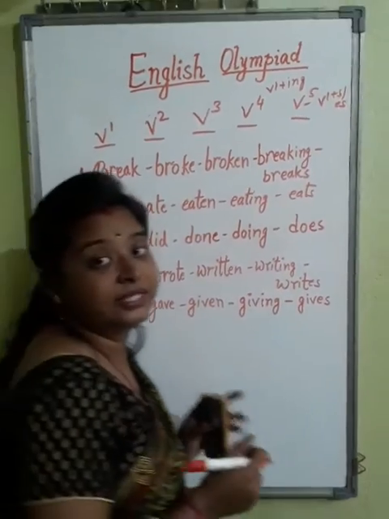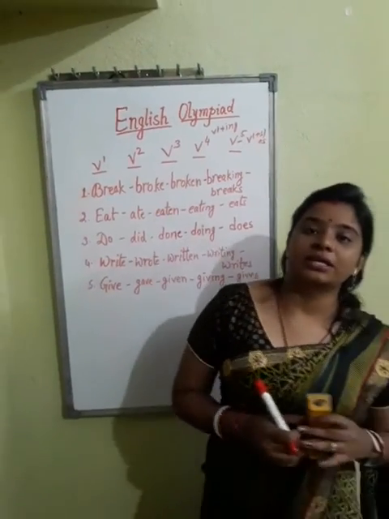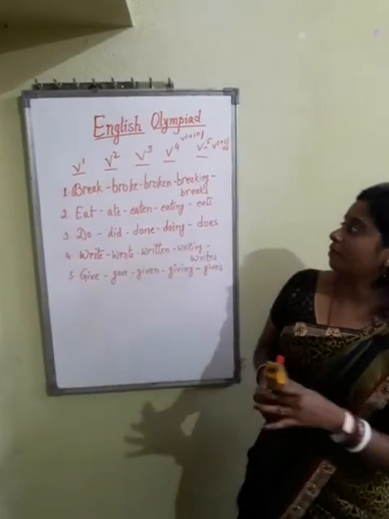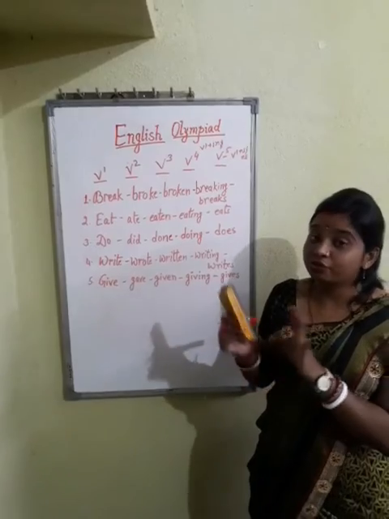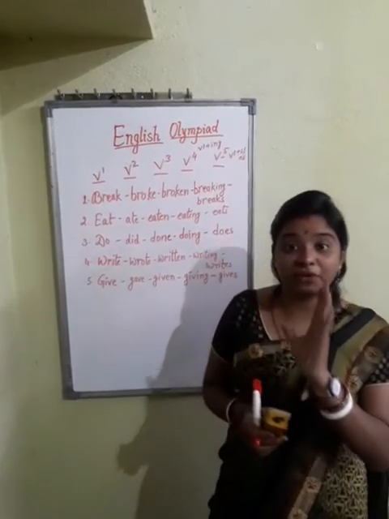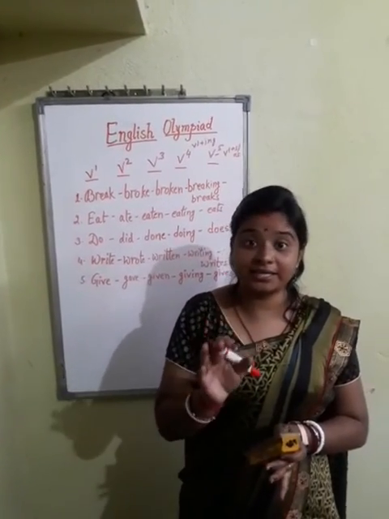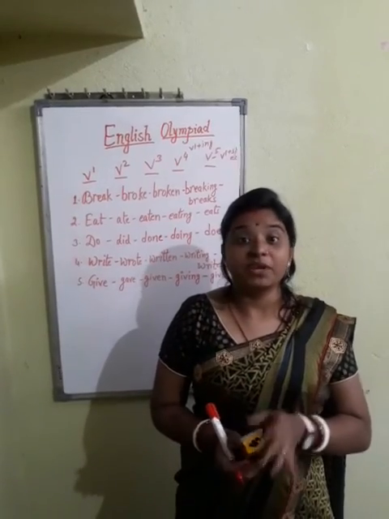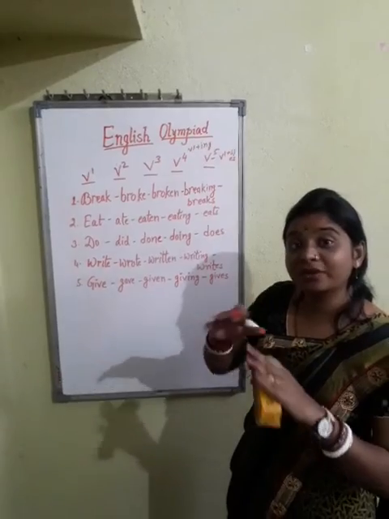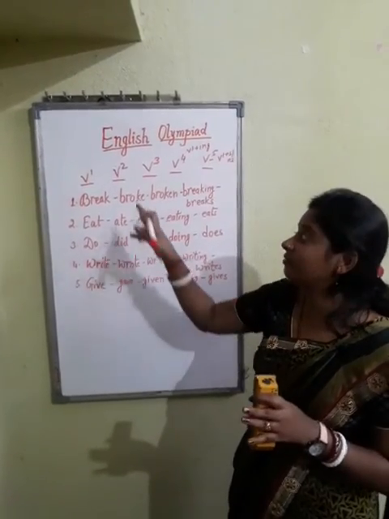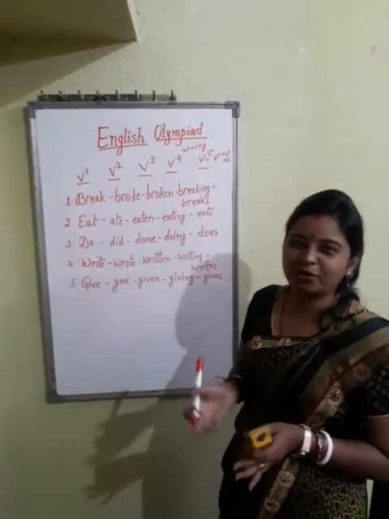So here these are the irregular verbs. In these irregular verbs, I have already said V2, V3 and V4, V5. You just have to remember that whenever we make V4 of something, we have to add ing along with V1. But one thing to remember: you can never add ing along with V2 or V3. That will be wrong.